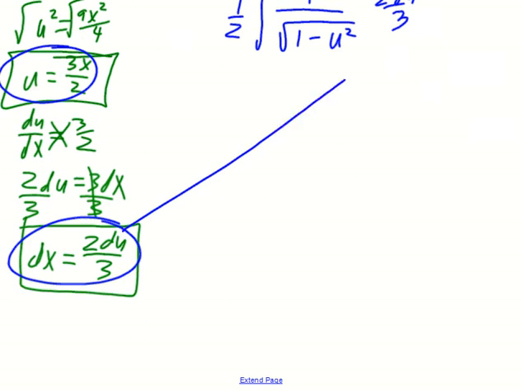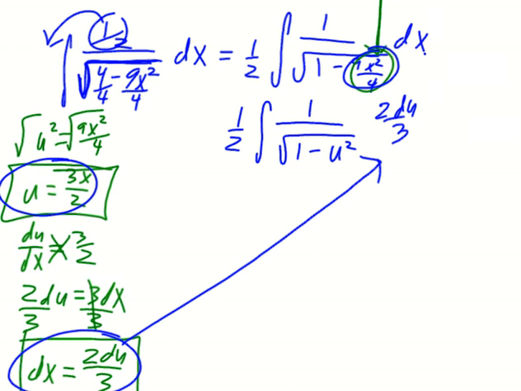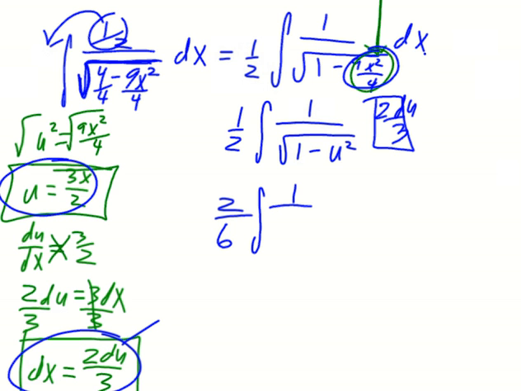That's where that substitution is coming from. And now I'm going to take this 2/3 as a constant and multiply by it out front. So 2 times 1 on top gives me 2. 3 times 2 on bottom gives me 6. This is the integral of 1 over the square root of 1 minus u squared du.